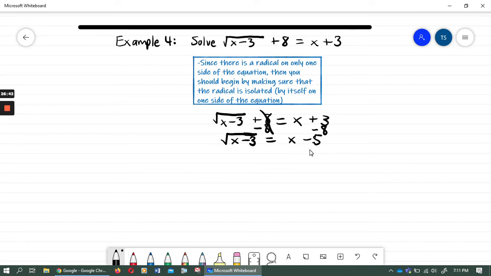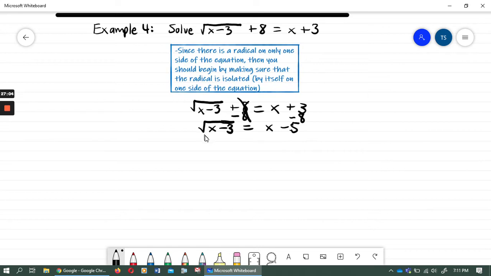And again, guys, we need to square both sides of the equation so that we can get this radical to cancel out. We're squaring both sides because we need to use the inverse operation of squaring in order to get that radical to cancel out. But you will see when we square that this is going to wind up being a quadratic equation, and that's how this example is different from example 1 and 2.